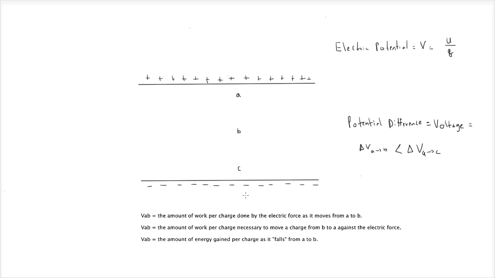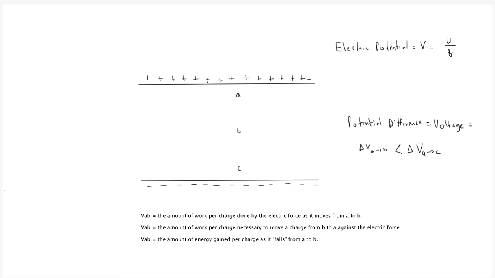By increasing voltage, we're increasing the amount of energy a charge gains going from one point to the other. That becomes important when we start talking about circuits. In a circuit, if you increase the voltage, you're increasing the amount of energy a charge gets as it goes from one point to another, and that energy ultimately helps to power your appliances.